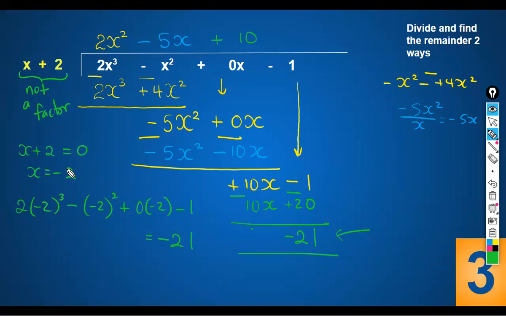But since this is not a factor, when you put this equal to 0 and you solve for x and you get x is minus 2, this is not a solution. A solution is only if it makes it equal to 0. If the x minus 2 is unable to bring the equation to 0, then it is not a solution.